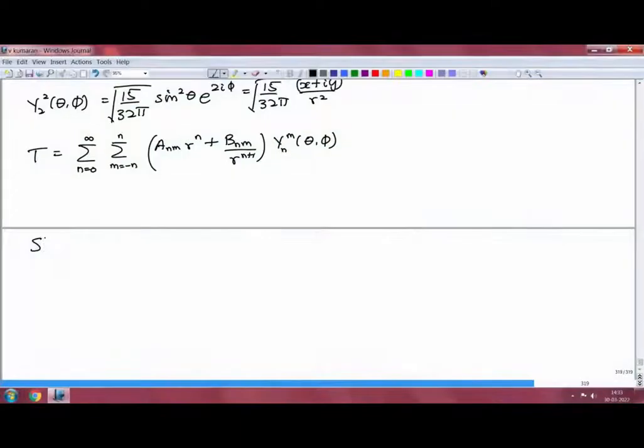So, in the last lecture we were discussing the spherical harmonic solutions for the Laplace equation. I told you that the Laplace equation is del square T equal to 0.